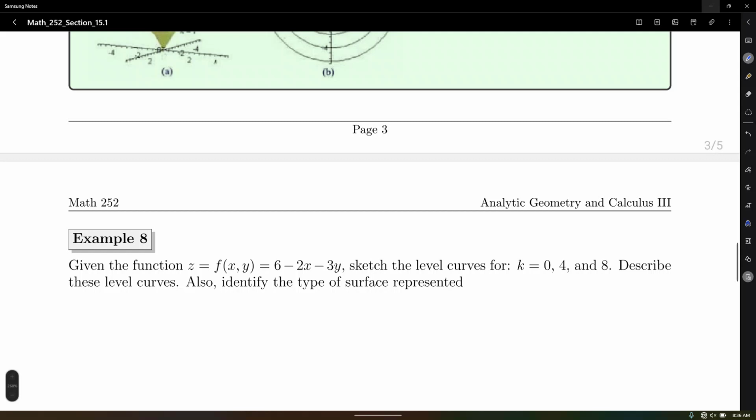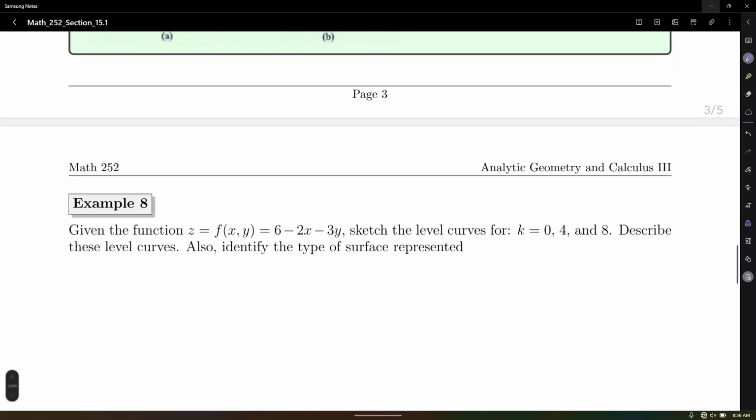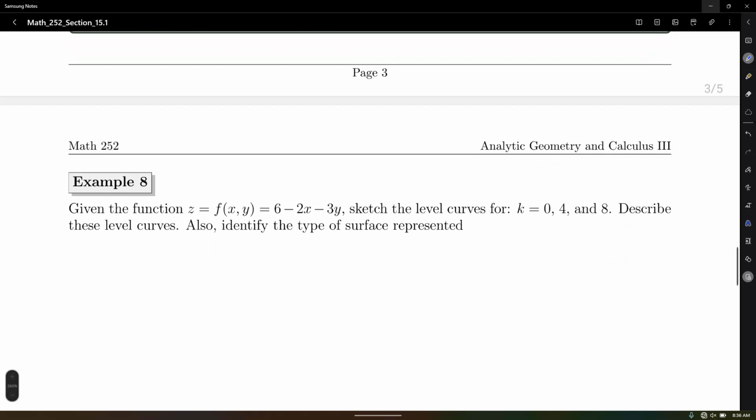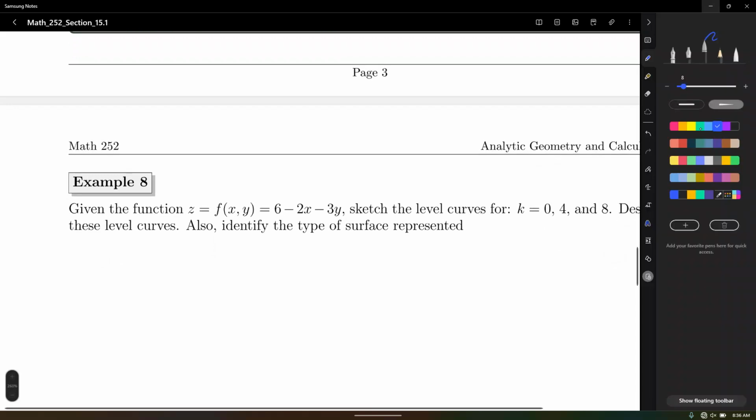Okay, again, number one: z equals 6 minus 2x minus 3y, all variables raised to the first power, a plane, all right? Now, what is a plane going to project? So this is what we're going to do. We are going to set z equal to some k. That z is going to be the equation of a plane that will cut the surface.